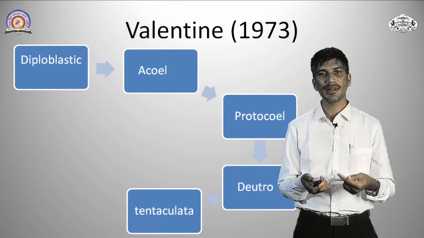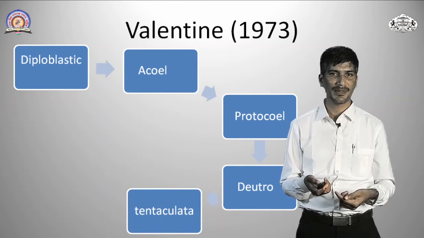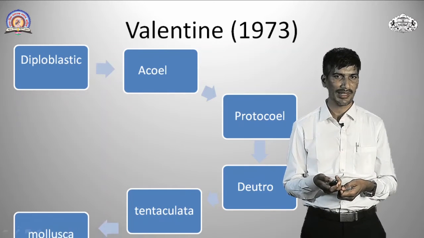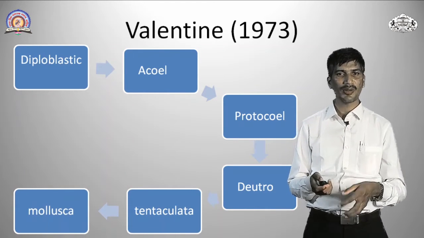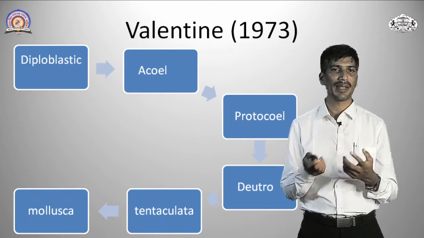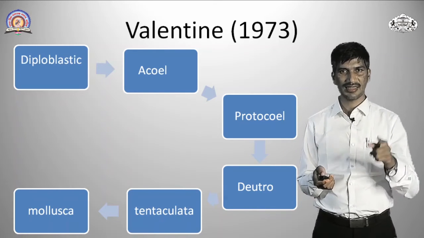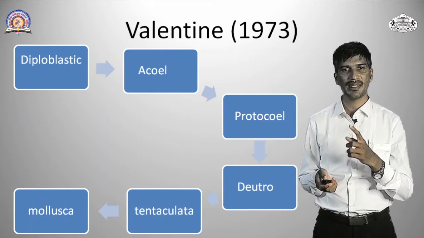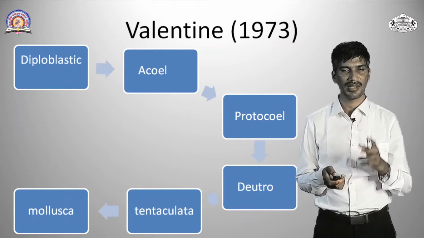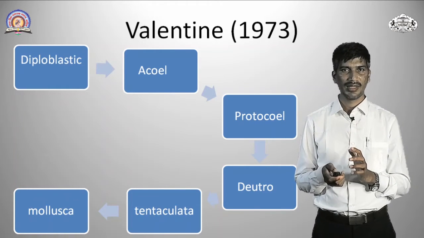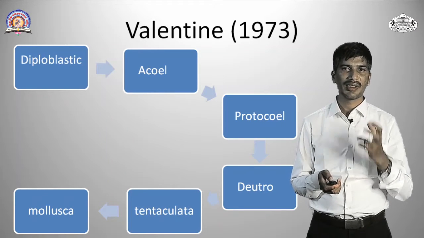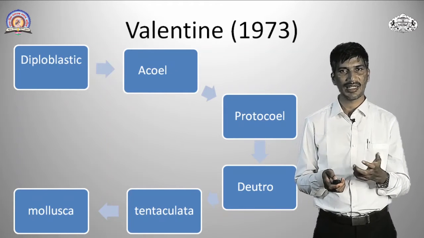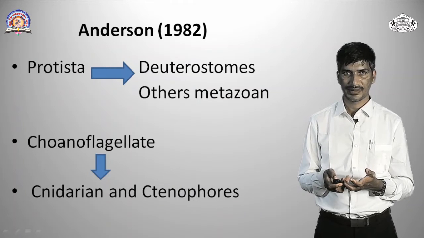Then the deuterocoel animal again actively participates in the tentaculate development, and the tentaculate animal actively participates in the mollusca. It is suggested that one by one, these groups actively participate and develop the molluscan animal. This is again the new proposed information related to the polyphyletic theory.